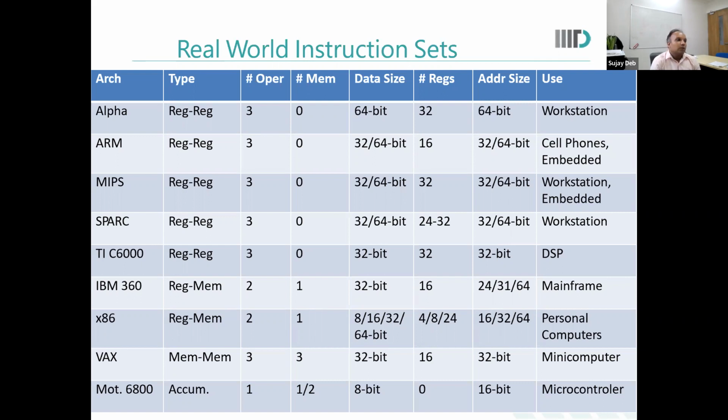Here one operand is explicitly mentioned, and another operand comes from memory. Data size is 8-bit, there are no general purpose registers, and address size is 16-bit, primarily used for microcontrollers. All right, so these are a few real world instruction sets.